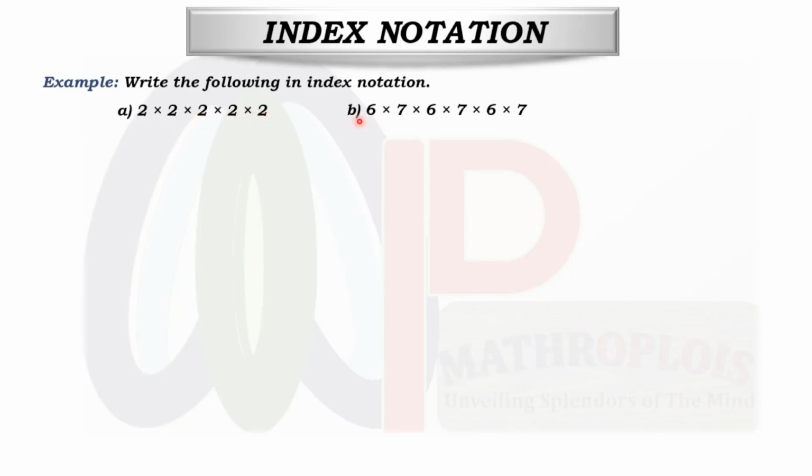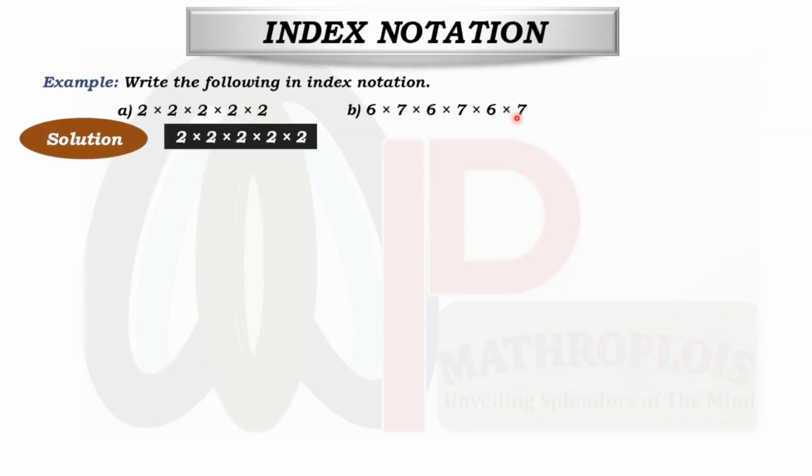Part B is 6 multiplied by 7, multiplied by 6 multiplied by 7, multiplied by 6 multiplied by 7. Let us solve the first part of the example.